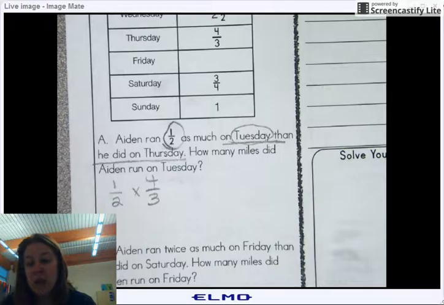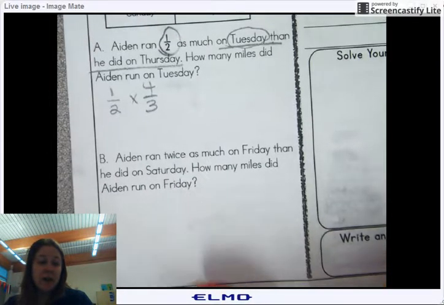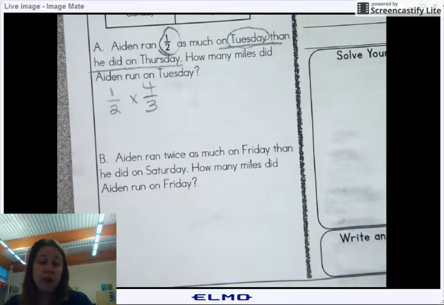If it turns into not an improper, but a bigger fraction and it can be reduced, please reduce it, because the only way that it will show up in Edpuzzle will be through a reduced fraction there. Okay? B, Aiden ran twice as much on Friday as he did on Saturday.